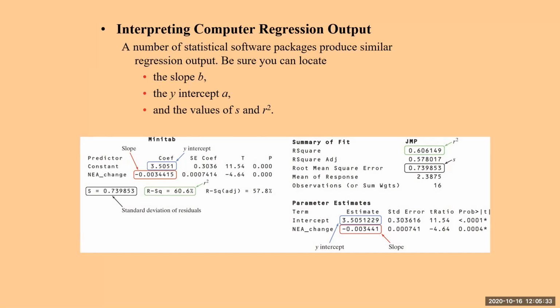And big S is your standard deviation of residuals. Notice on this lower half one, again, if it's not labeled constant, it will be labeled intercept. So intercept is your y-intercept, whatever's not labeled intercept is your slope. And we're always dealing with the very first number.